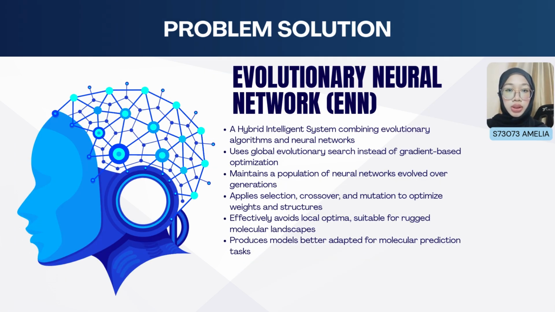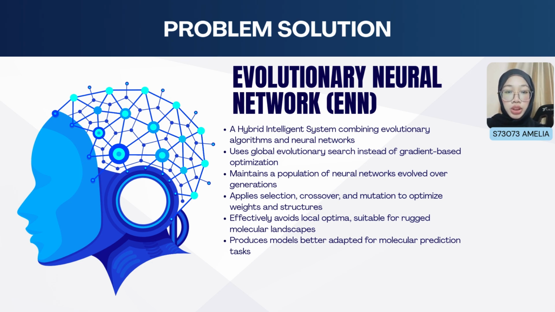For problem solutions, the solution that we have discovered is an evolutionary neural network. An evolutionary neural network is a hybrid intelligence system combining evolutionary algorithms and neural networks. It uses global evolutionary search instead of gradient-based optimization.